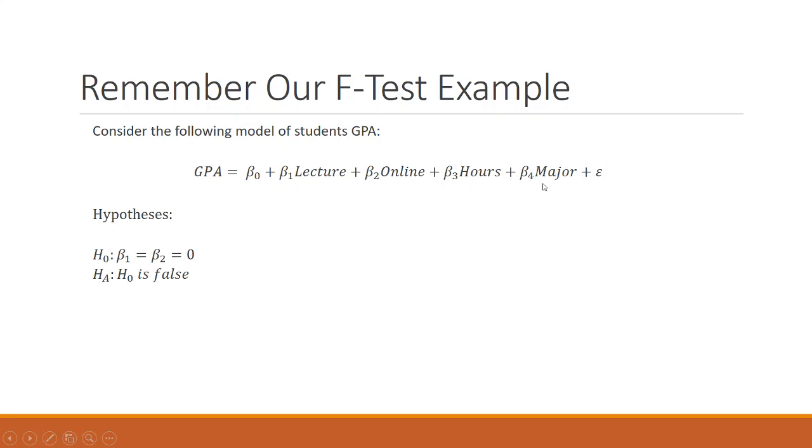Now when we look at a model like this, sometimes we might want to do a joint test. We can do hypothesis testing on each of those coefficients separately, and that's what we always do when we run regressions. Every time we run a regression, we do a hypothesis test on each of the coefficients to see whether or not we can conclude that that coefficient is different from 0.